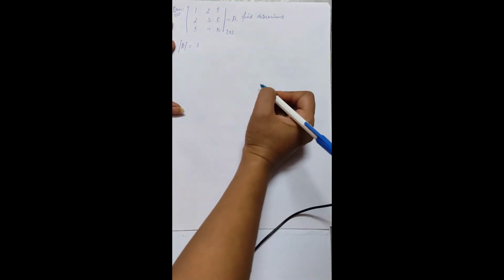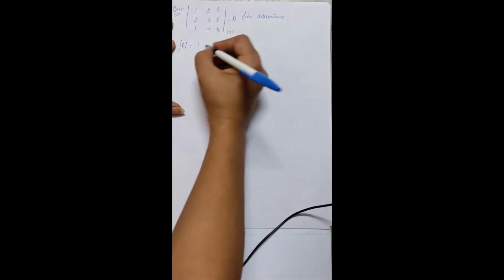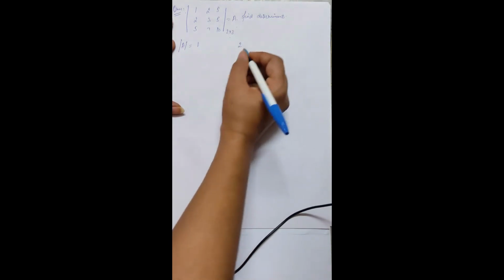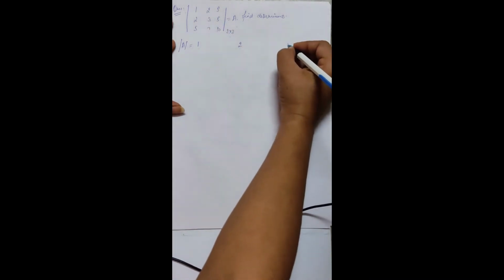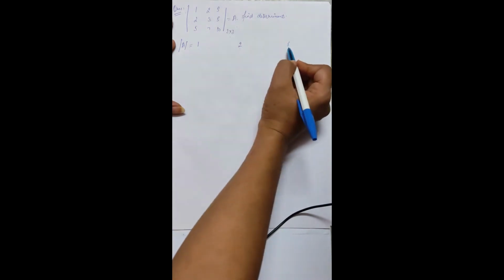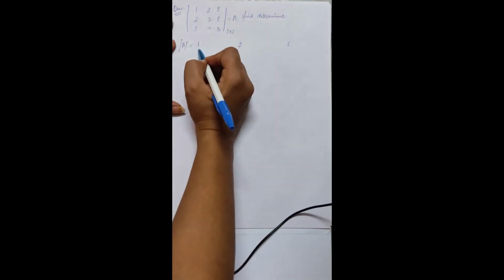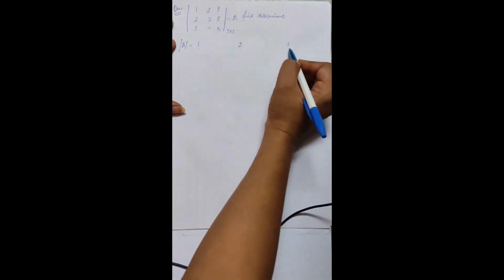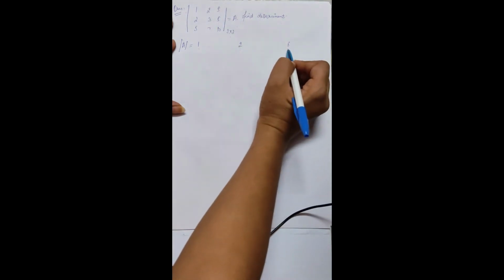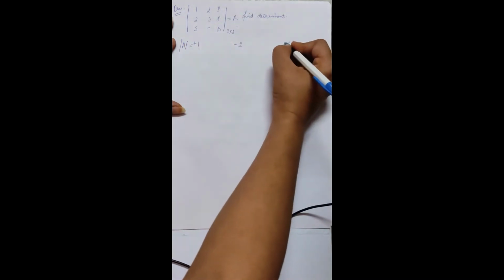I will write 1, the first element of the first row, then after leaving some space 2, the second element, and then 5, the third element of the first row. And I will always start with a plus sign. So plus, minus and plus.